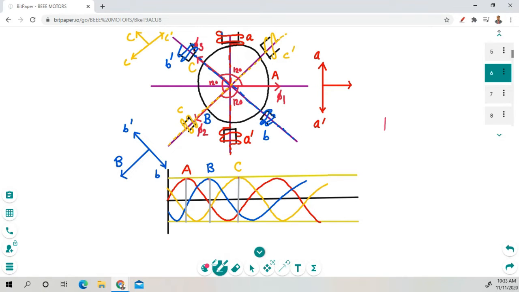That's why this is the expression. If you increase the number of poles, Ns will decrease, and if you decrease the number of poles, it will increase. Pankaj, understood?